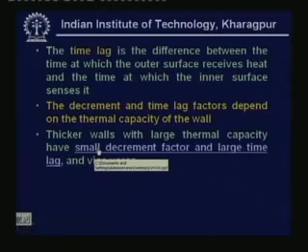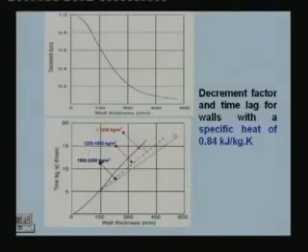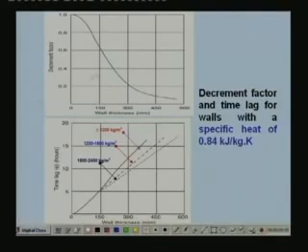So let me show that variation of decrement and time lag factor. This graph here shows the decrement factor as a function of wall thickness. These are calculated for building material having a specific heat of 840 joule per kg Kelvin.